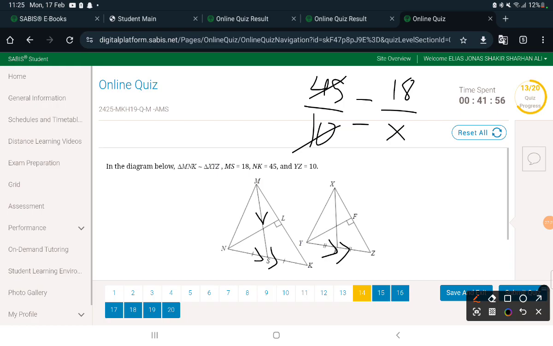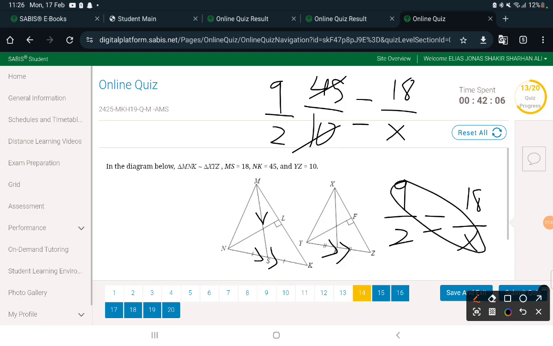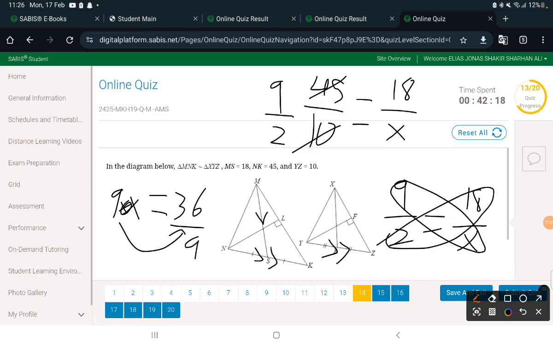You will have 9 over 2 equals 18 over X. Cross multiply. 9 multiplied by X is 9X. 18 multiplied by 2 is 36. Take the 9 to the other side, it's going to be divided by 9. 36 divided by 9 is 4. So X equals 4.